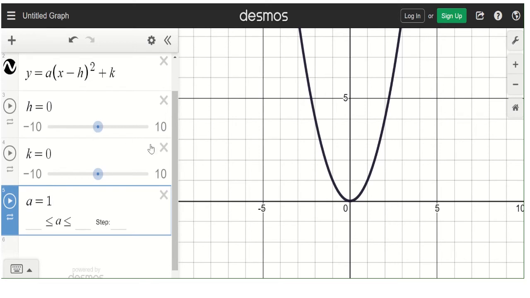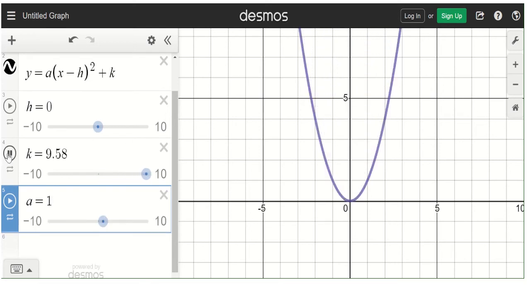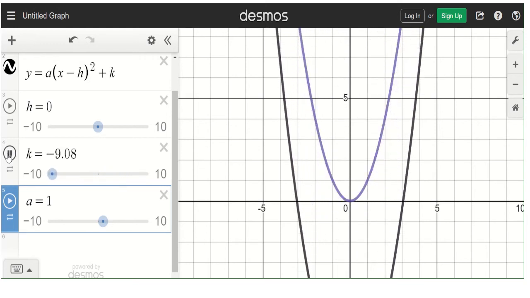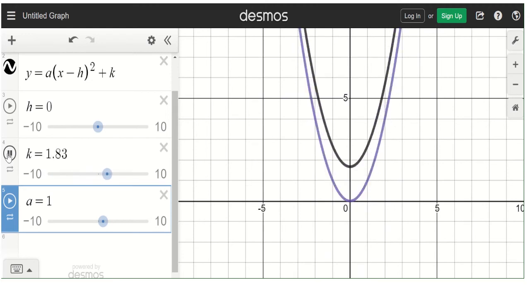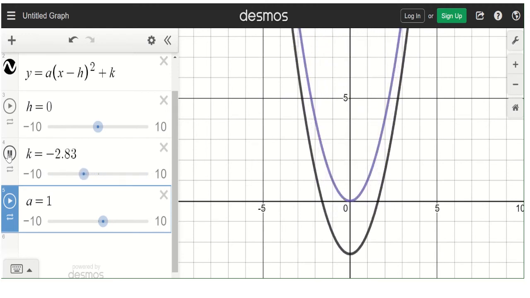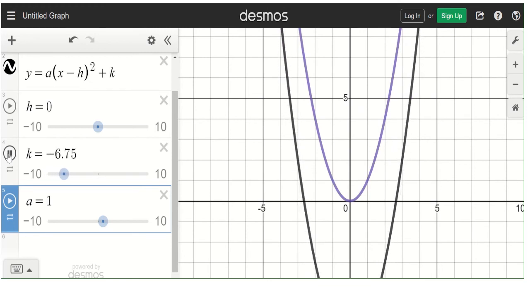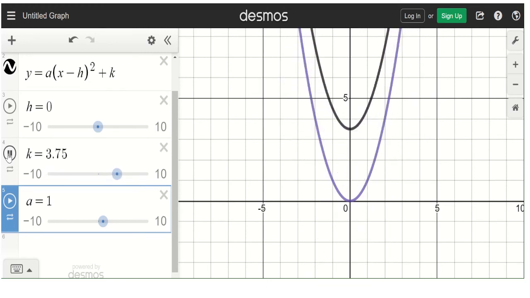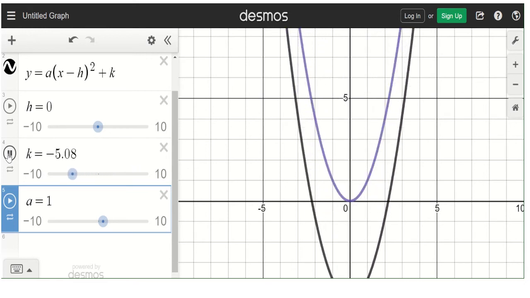Let's see what happens when we hit play on k. It's moving my graph up and down. So what are we thinking? And what values of k do that?